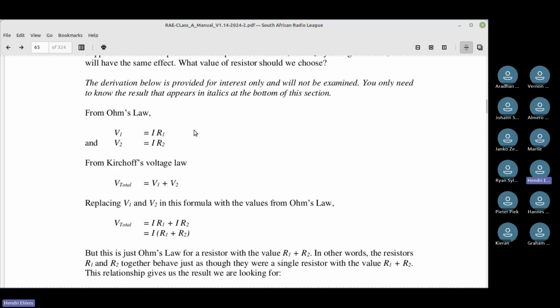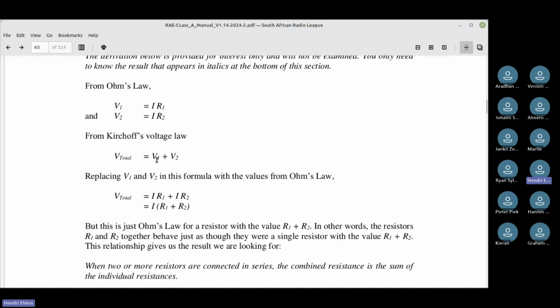Ohm's law, you guys understand Ohm's law. Here they basically say that the voltage drop from the one and the other one added together gives you the total voltage. Here they explain that to get voltage 1 through the one resistor, like I explained, you time the current with the resistor 1, and then to get the second voltage, you time the current with resistor 2, and you get the voltage drops.